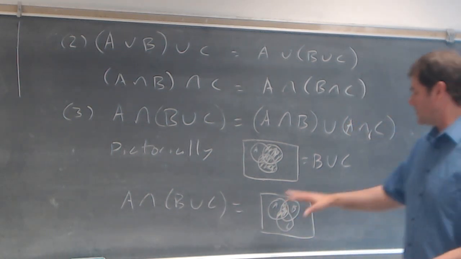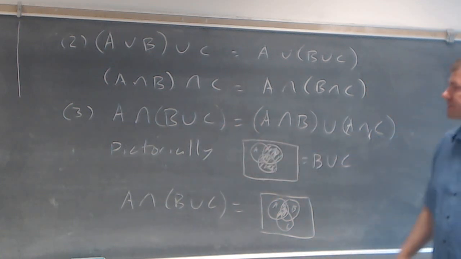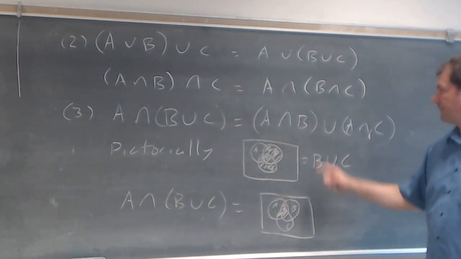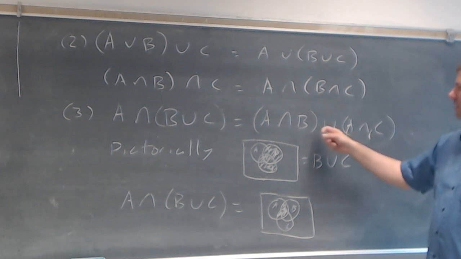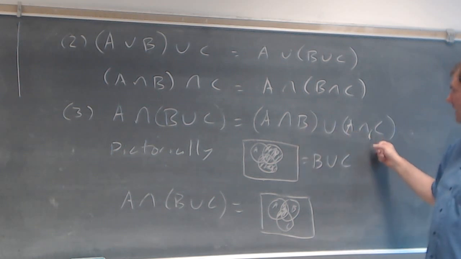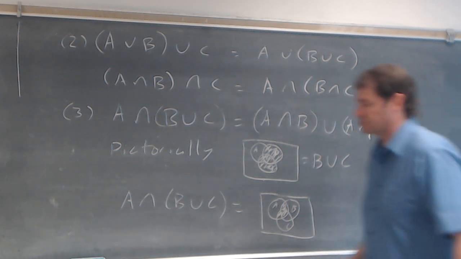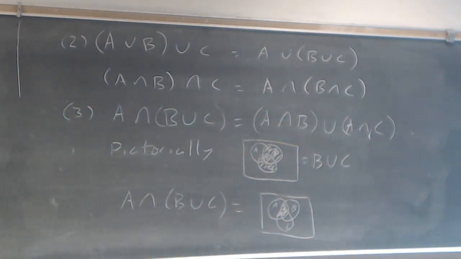Now that's the pictorial representation of A intersect B union C right there. And when I do the pictorial representation of A intersect B union A intersect C, I'll get the same picture. So they must be the same. But that's really not a proof in terms of symbolic representation, which we'll also do.